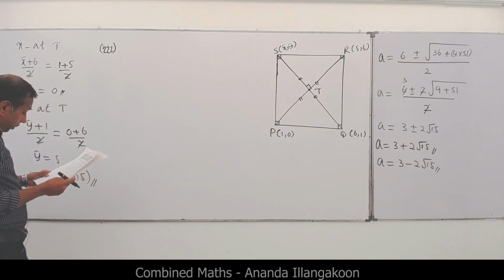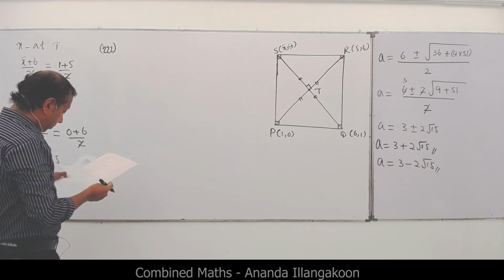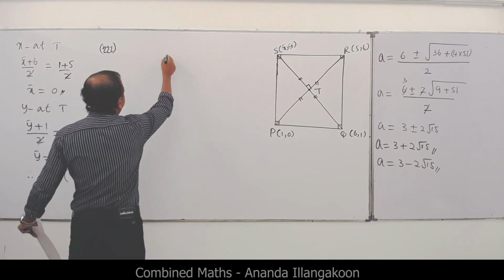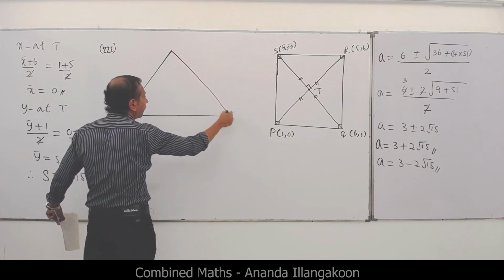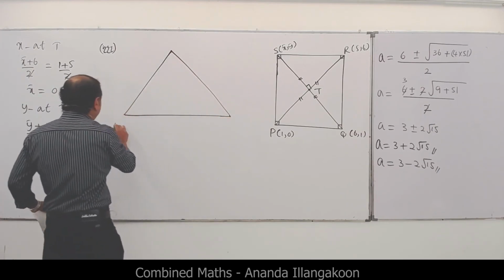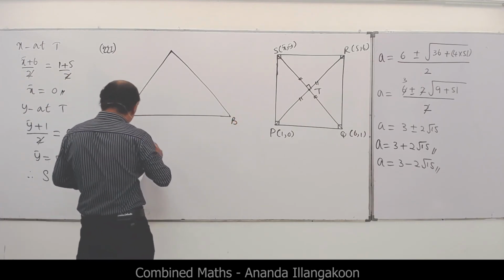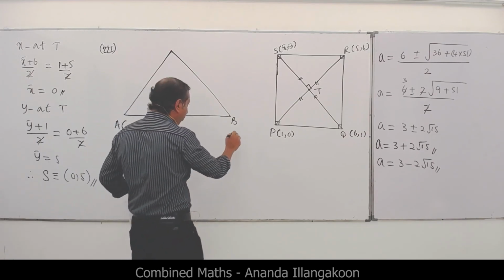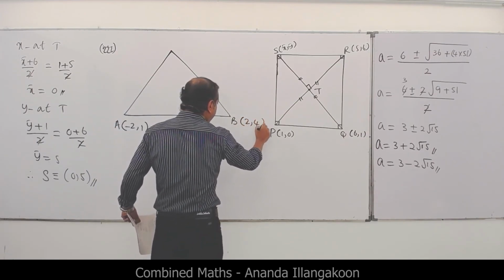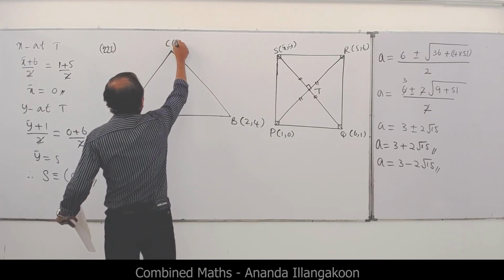In the triangle ABC, A and B are given. A here, B here, A (minus 2, 1), B (2, 4), C (x bar, y bar).